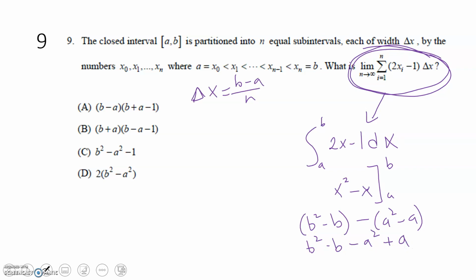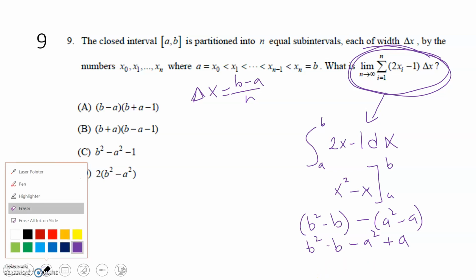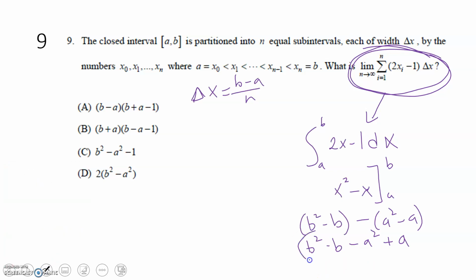Now, paying close attention, we notice that we can factor out b, and we get b minus 1. And actually, I don't think that's going to be the way we approach this. So I think what we're going to have to notice is that if we play with b squared and minus a squared, those are a difference of squares. So we're going to jump over here. I have here b squared minus a squared, just using commutative property and rewriting it, and I have minus b minus a, plus a, just rearranging.